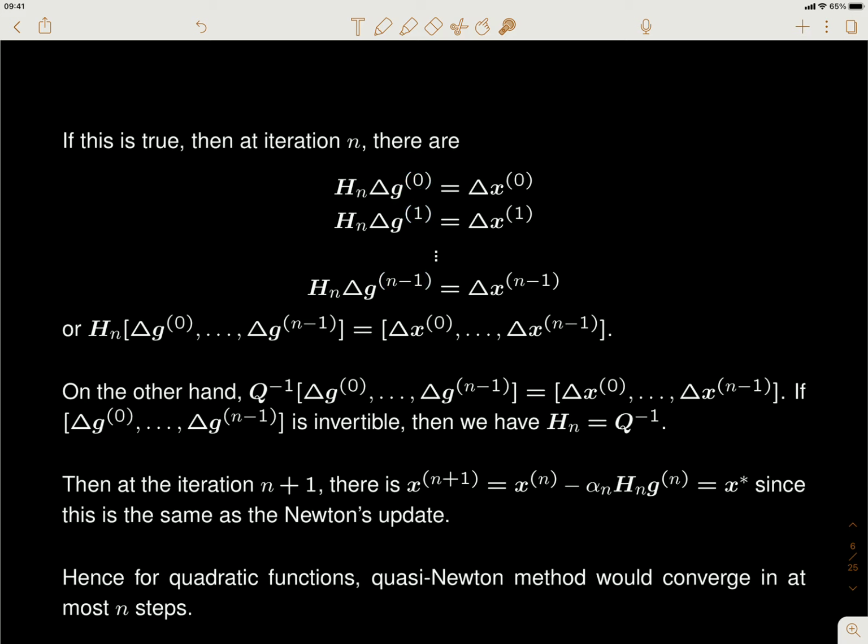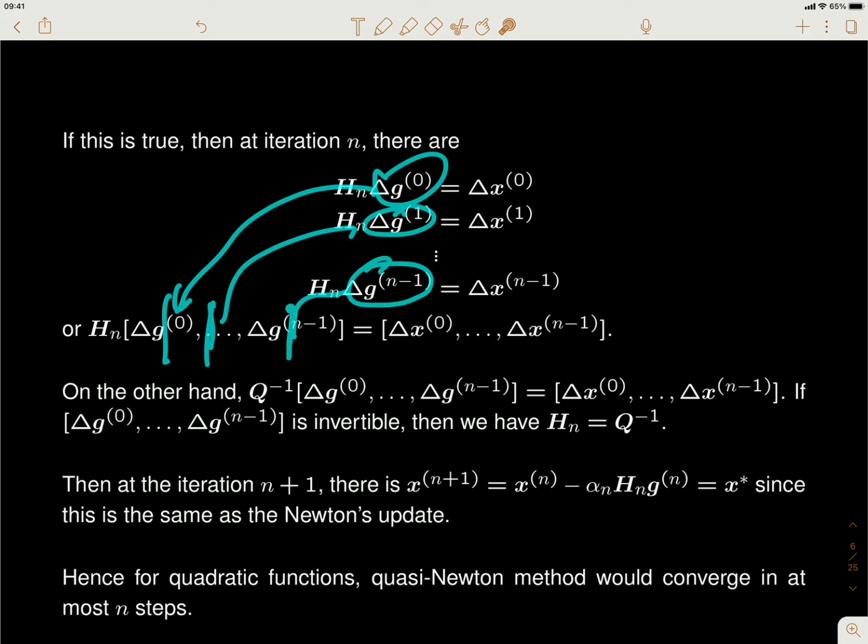So if I put these vectors as columns in the matrix, this vector as the first column, this vector second column, up to this one, which is the last column here.